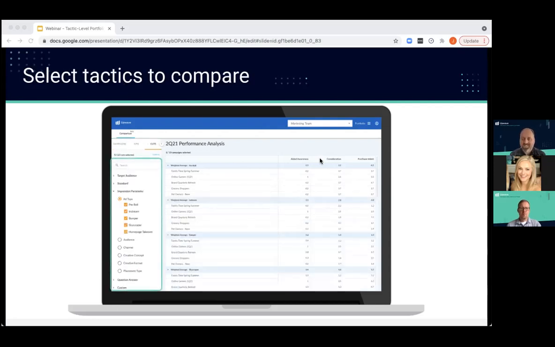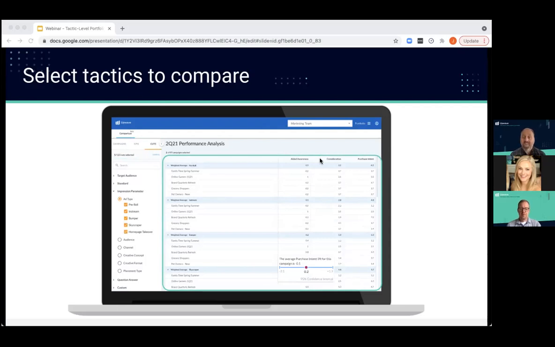Here's where the magic is. It's time to slice and dice. By selecting the Cuts tab, you can choose tactics from across your campaigns to compare against each other. The table automatically populates with campaigns organized by tactic. For each tactic, a weighted average with a confidence interval is calculated.